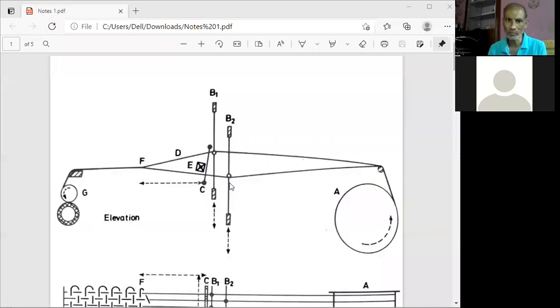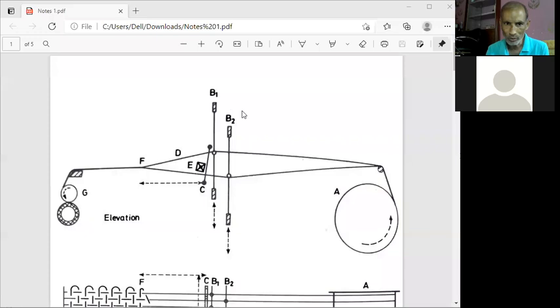B1 means front heald frame, B2 means back heald frame, and you can say B1 is heald number 1 and B2 is heald number 2. And at this moment, suppose this is the first pick we are going to insert. So before inserting the first pick, with the help of the shedding mechanism, we are imparting motion to the heald frames.